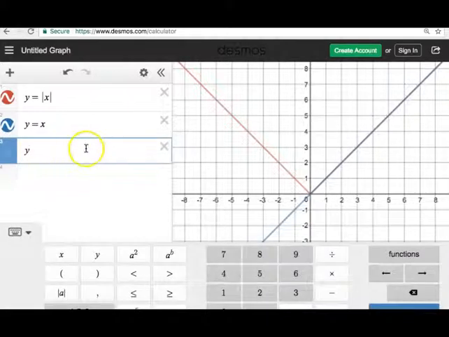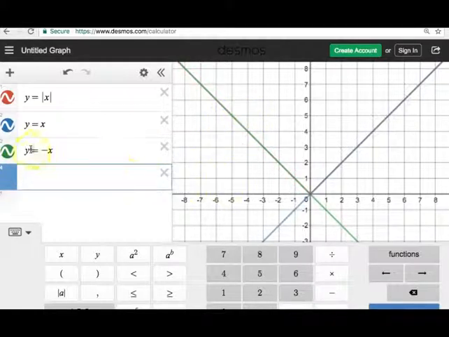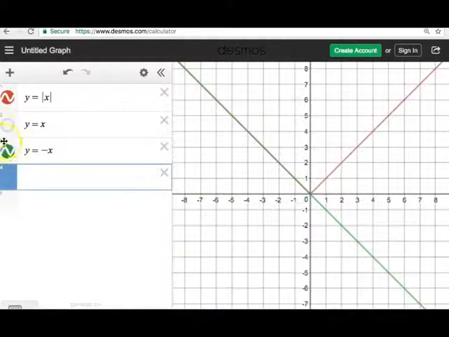What do you think the other branch of the line might be? Very good. And it is, because look, I'll get rid of the blue one and the green. Look, the green is y equals negative x. Why? Because we looked at the definition last lesson that the absolute value of x is negative x when the values of x are negative.